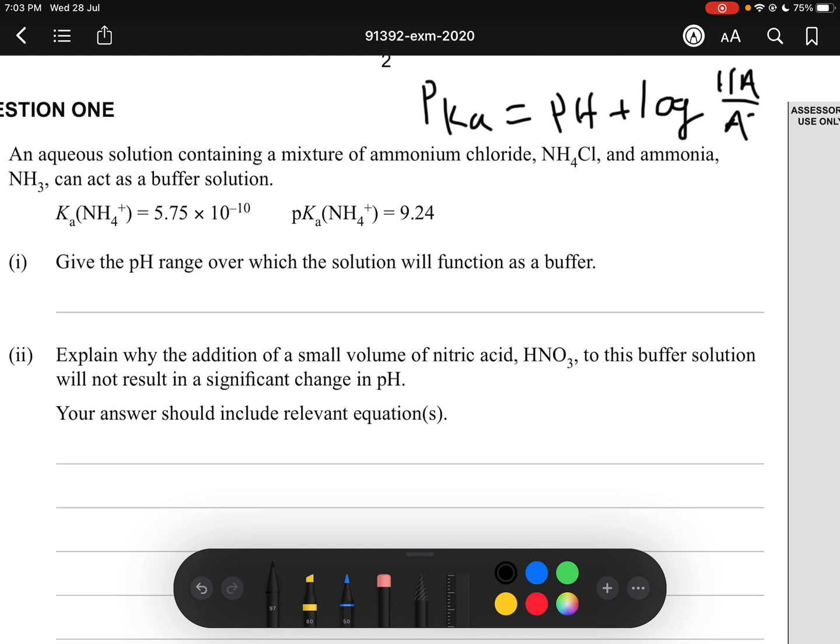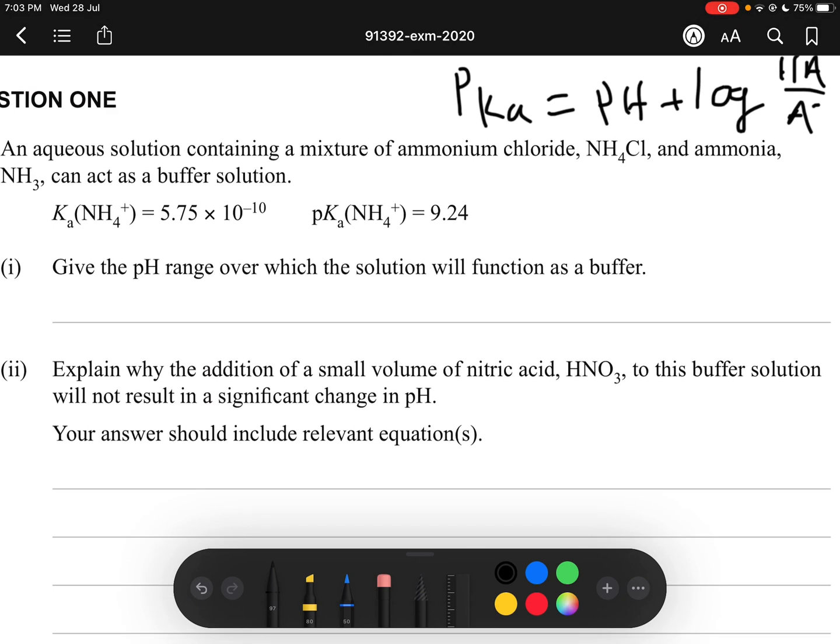We see that if the pH is within plus or minus 1 of the pKa, the concentrations of acid and base differ by a factor of 10, which is the maximum, okay?